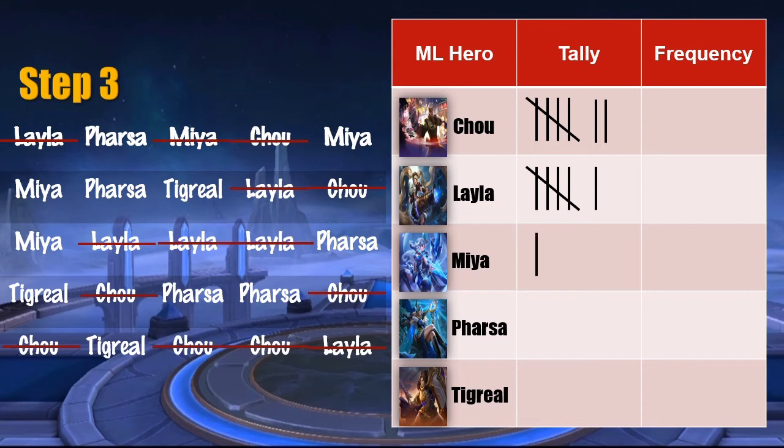Miya appears 1, 2, 3, 4 times in your list. Fanny appears 1, 2, 3, 4, 5 times. And the last, Tigreal, appears 1, 2, 3 times.